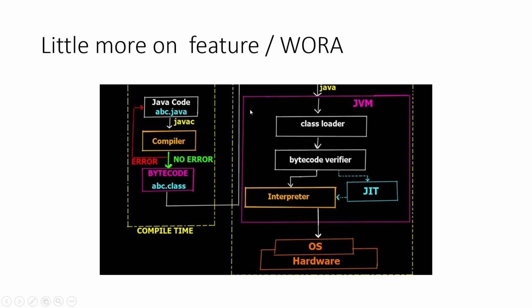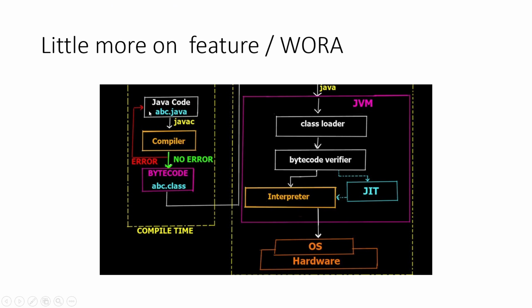In Java, we said it is platform independent. How is that achieved? Let's say we have written some piece of code. We need not worry about how to write, compile, and execute; I'll explain all that in the upcoming sessions. Let's say we have written a source file.